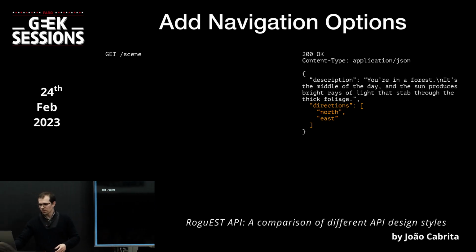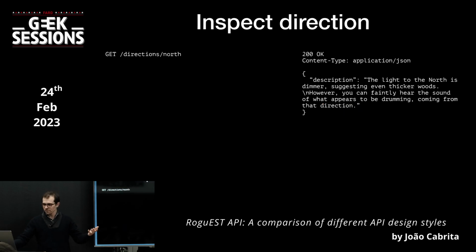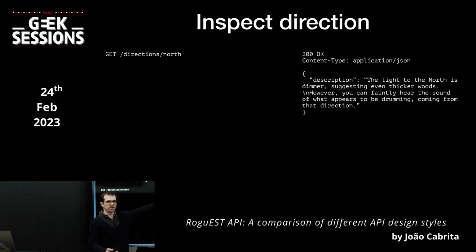And how do we navigate? First of all, we can inspect the directions. We can do GET /directions/north, or whatever the ID is, and we get another JSON payload with a description. The point of the payload is that it has the description property.